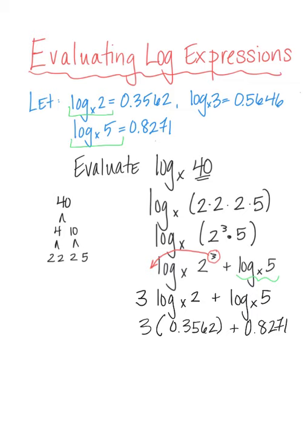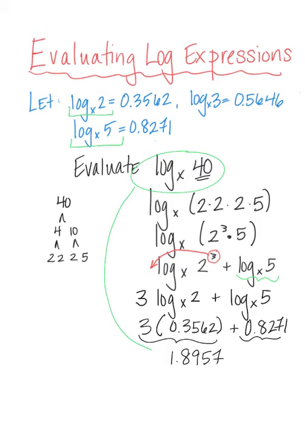I'm going to take this product and add it to this decimal value. So let me enter that into my calculator. And I ended up with a sum of 1.8957. So that means that this expression is equivalent to this decimal value.